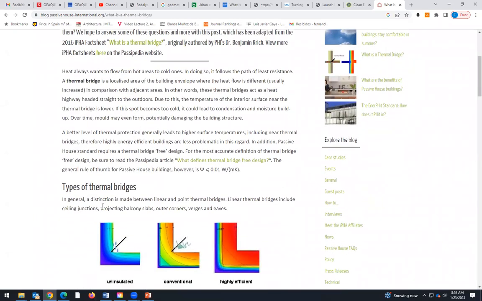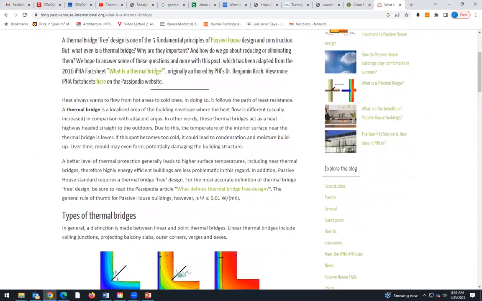Well, basically a thermal breach is a place or a spot in a building in which the heat follows the path of least resistance. And what is that? If we interrupt the thermal insulation, then we have a thermal breach.